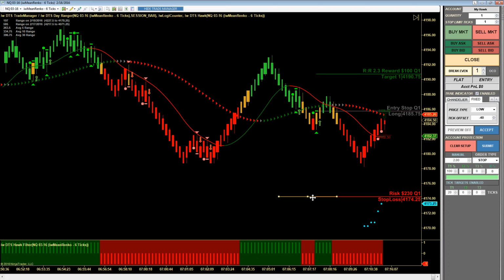So let's say we're still watching to see whether the buyers can get together. Okay, so now we're into yellow bars.